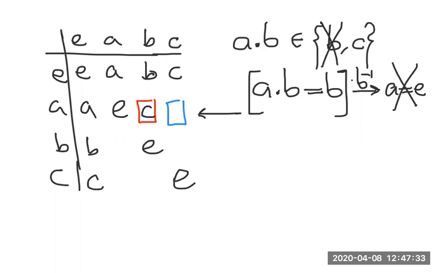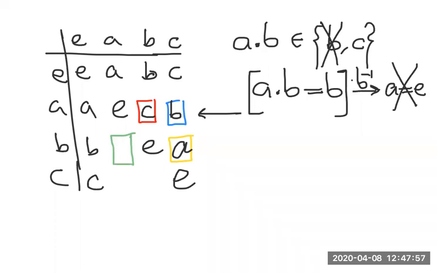So now look at this row. We have A, we have C, we have E. The blue one has to be B. Now we are almost done, because if you look at the yellow one, in this column we have C, we have B, we have E. The only thing we don't have is A. Now look at the green box. We have A, we have B, we have E in that row.